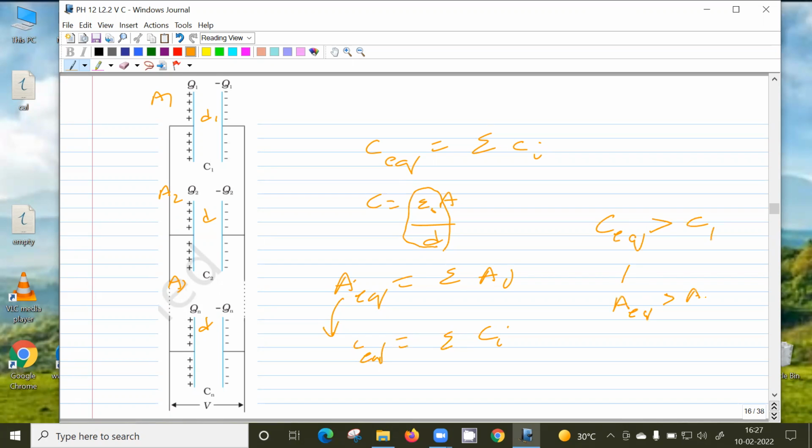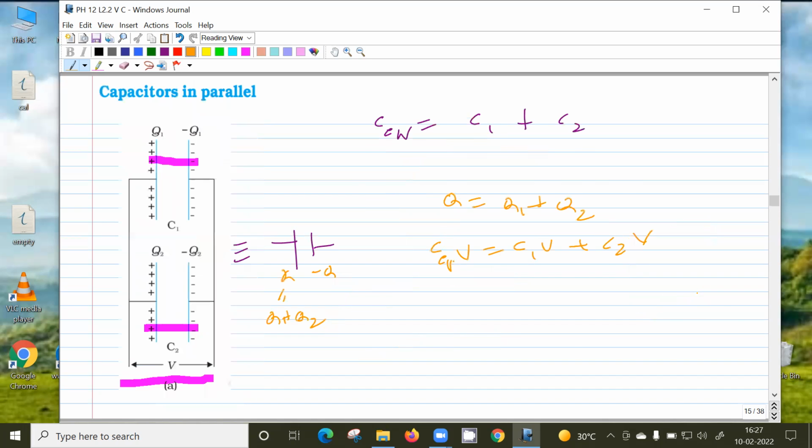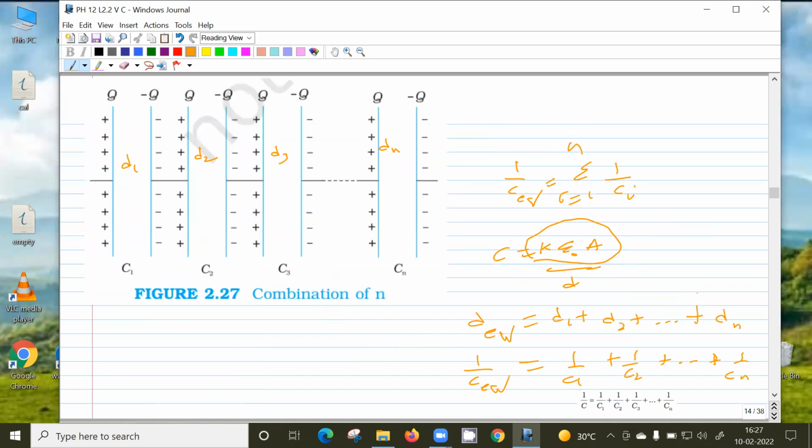This is true of any capacitance, so C equivalent is greater than any of the individual capacitances. And here in series, C equivalent is lesser, because D is increasing. When D increases, the capacitance decreases. So the equivalent capacitor will have more D with the same epsilon. So when you connect in series, the capacitance will decrease. This is also again opposite to what's happening in resistance.